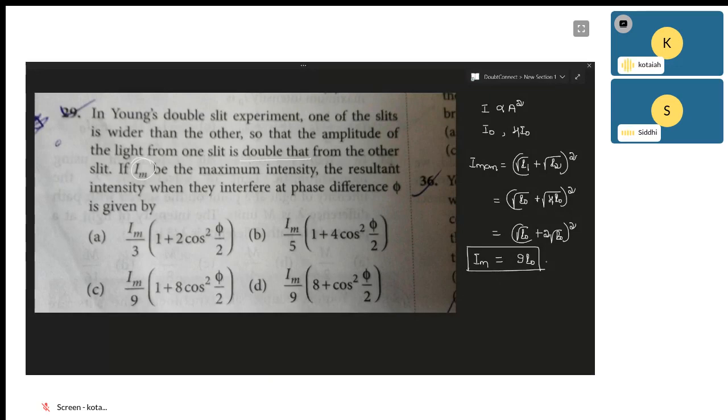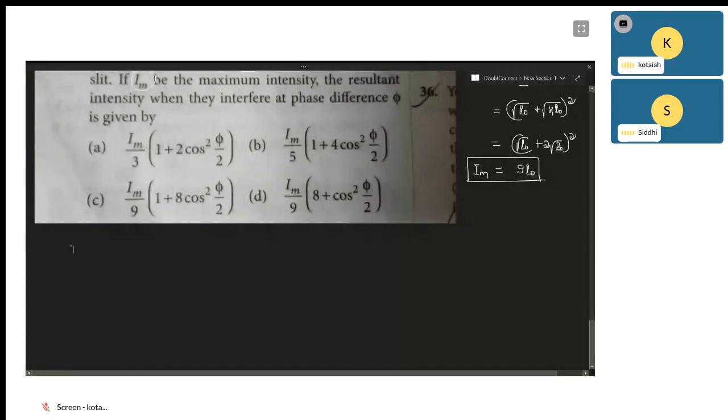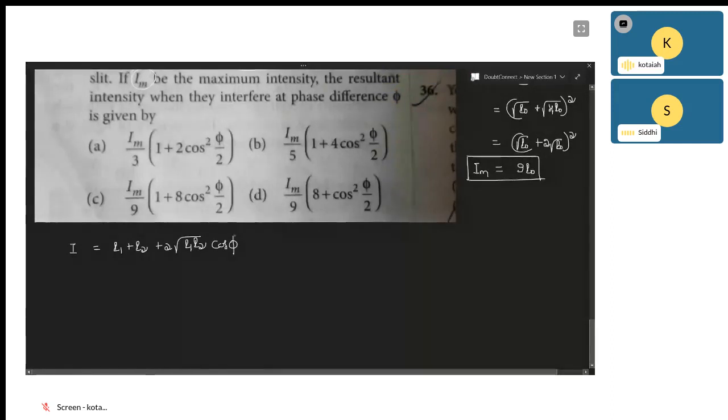Now the resultant intensity when they interfere at the phase difference phi. Now the formula for intensity is I is equal to I1 plus I2 plus 2 root I1 I2 cos phi. This is the original formula for intensity. Maximum means you have to substitute cos phi is equal to 1. Minimum means you have to substitute cos phi is equal to minus 1.